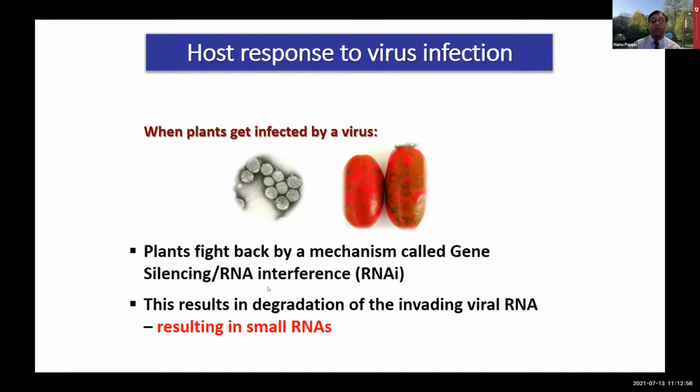This host response leads to degradation of the incoming viral RNA, and that results in small RNAs. How small, you may ask? Typically between 17 nucleotides and 24 nucleotides. Now there are methods and techniques developed to quickly determine the profiles of these small RNAs, which are a result of the host response to virus infection.